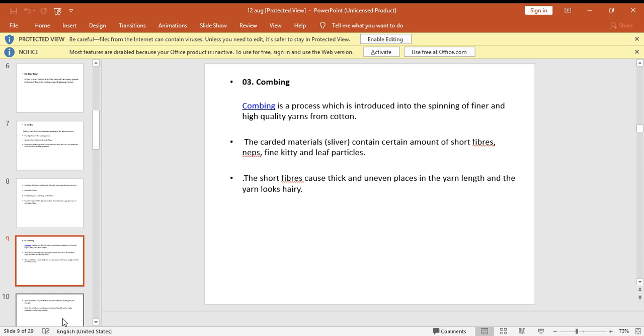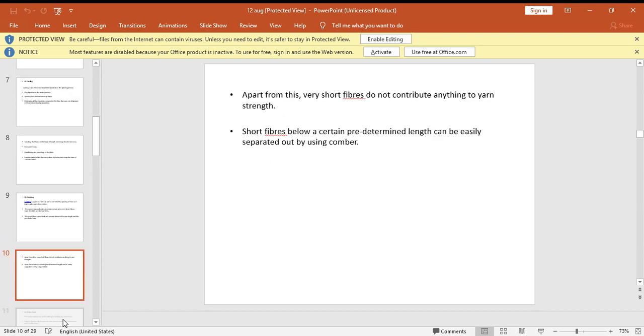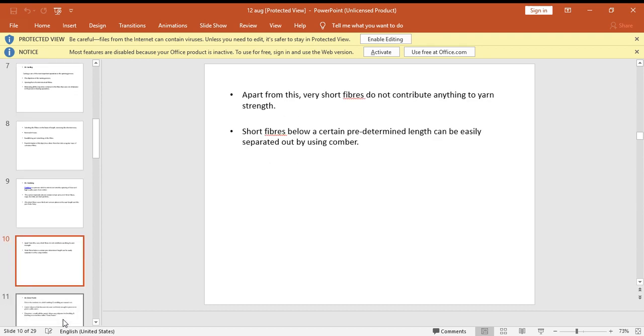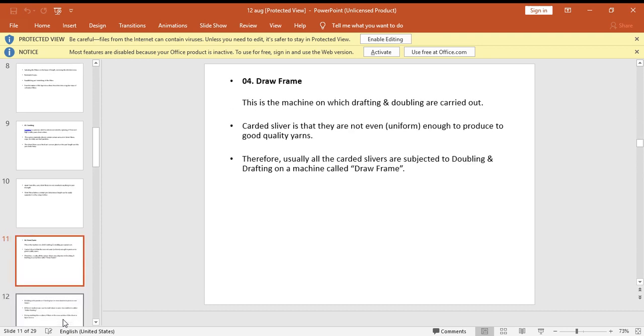The short fibers cause thickened, uneven places in the yarn length, and the yarn looks hairy. Apart from these, very short fibers do not contribute anything to yarn strength. Short fibers below a certain predetermined length can be easily separated out by using a comber. That is about the combing stage.